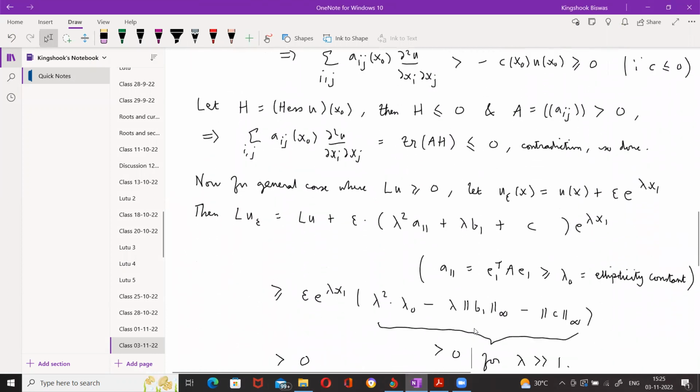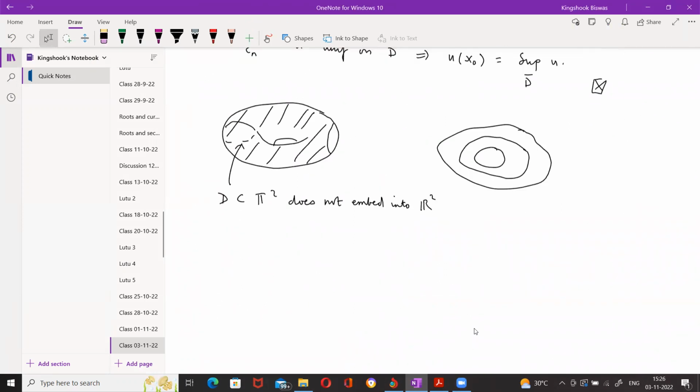So if u is subharmonic in Rn, this means u is lower semi-continuous and satisfies the sub-mean value property.